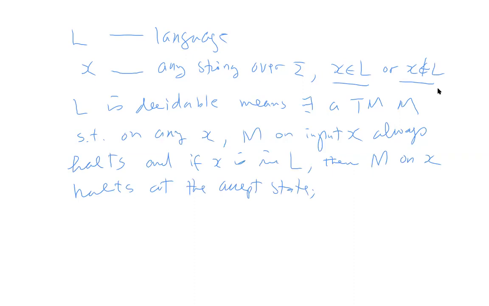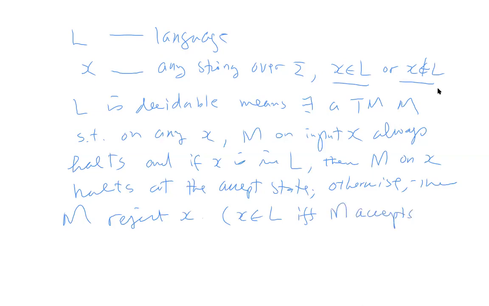Otherwise, meaning X is not in L, then M rejects X. So the shorthand for this is really just that X is in L if and only if M accepts X. When the language is decidable, the answer to this question is always given.